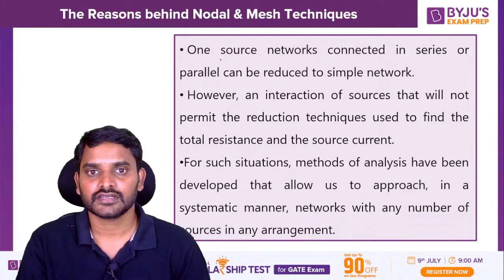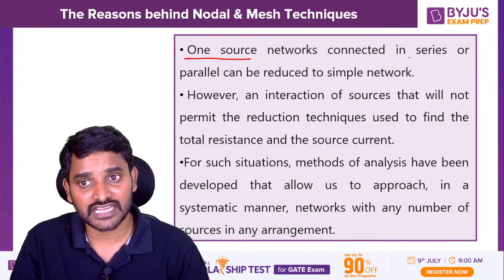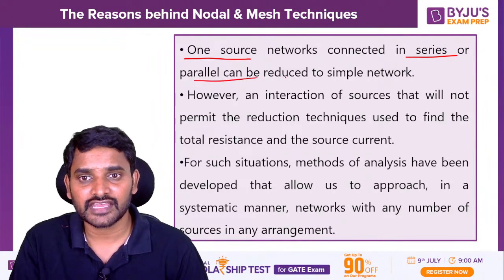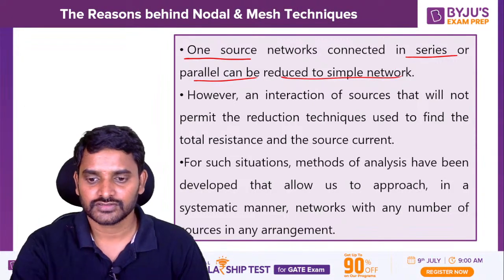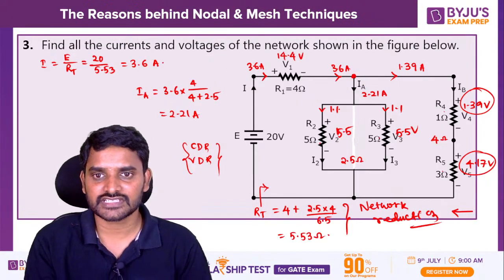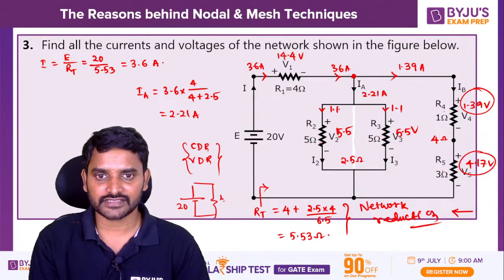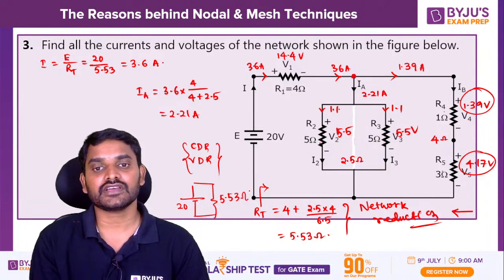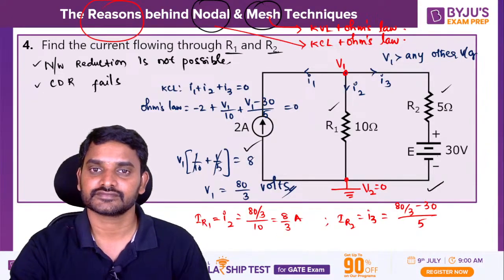So here is the point. One source networks connected in series or parallel can be reduced to a simple network. Yes or no? Just now we solved this network. This network can be reduced to 20 volts with a resistance of 5.53, and you can solve this network. But this network you cannot do that.